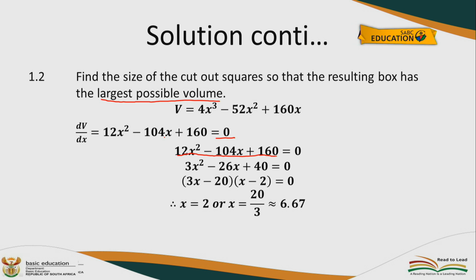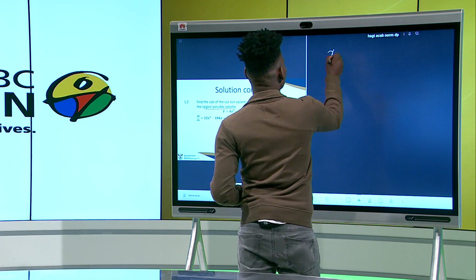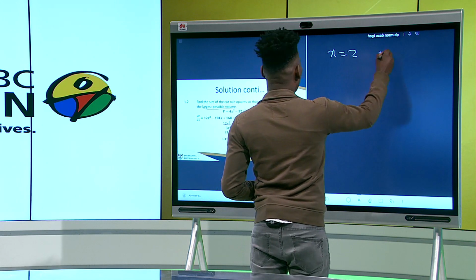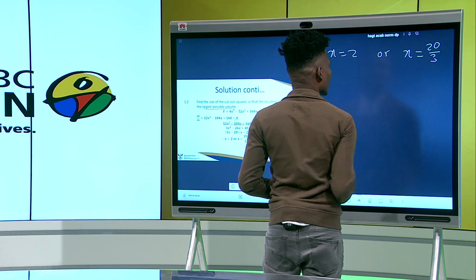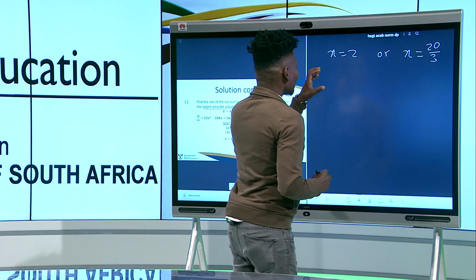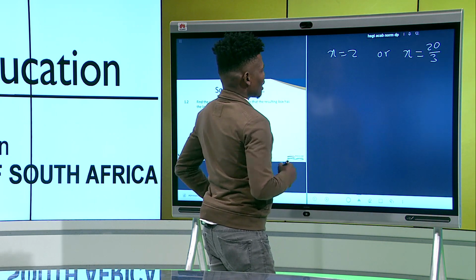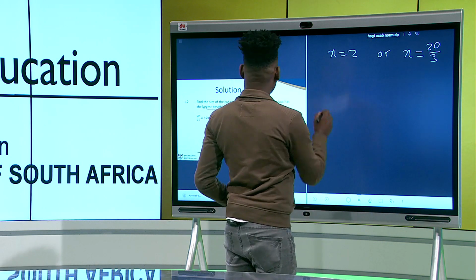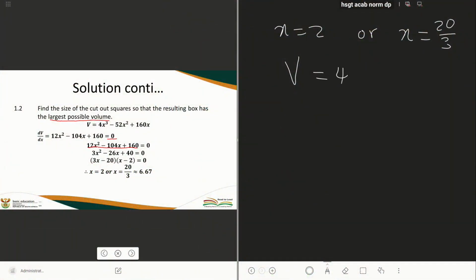Now, I want us to look at something because we have two solutions: x equals 2 or x equals 20 over 3. Which of these solutions is going to give us a maximum volume? You'll remember that the expression for volume is 4x cubed minus 52x squared plus 160x.